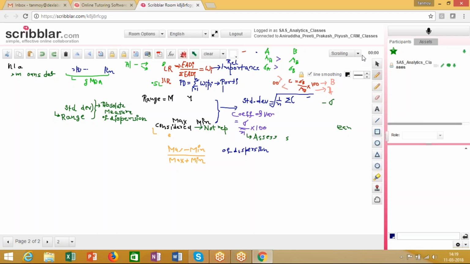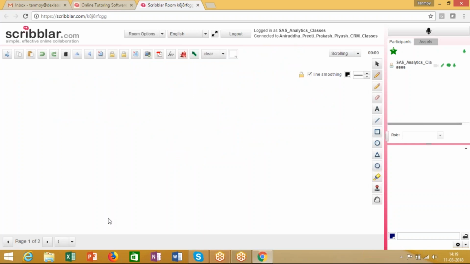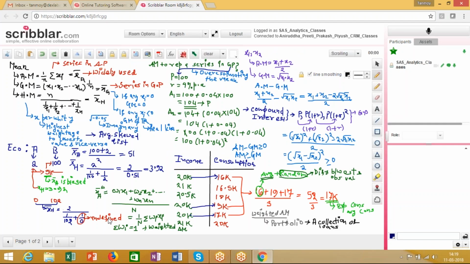Having said that, the next part that we talk about today is some of the measures of asymmetry, and we'll be talking about what a symmetric distribution is and what an asymmetric distribution is. Also, before that, we have had a brief discussion on these concepts, right?